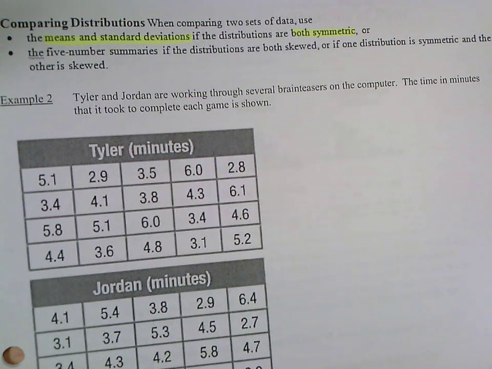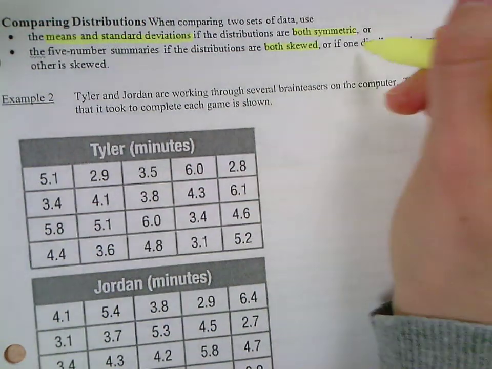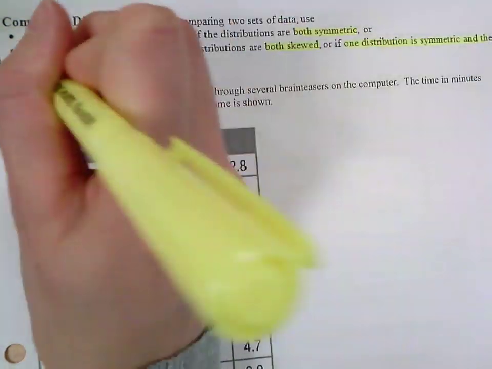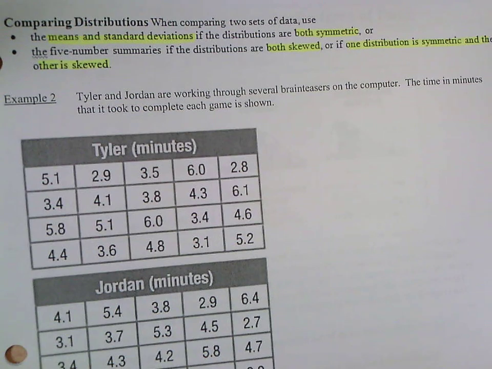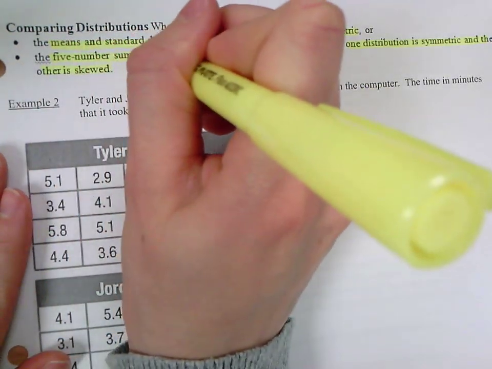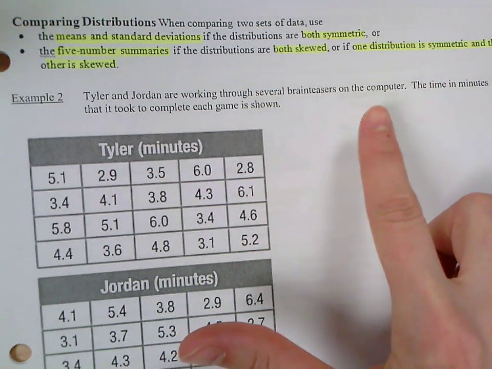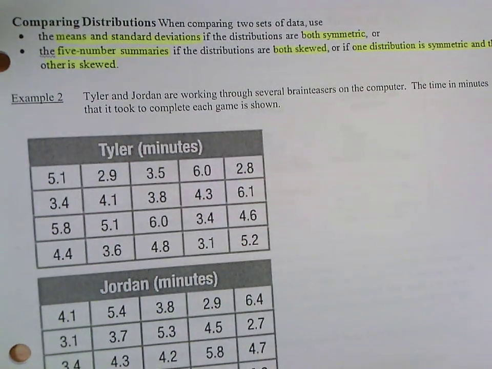If both distributions are skewed, or if one is symmetric and the other one is skewed, so if either of your 2 distributions is skewed, then you use the 5-number summaries, because you have to have the same statistics to compare. So you can't take the mean and standard deviation of the symmetric one and then the 5-number summary of the skewed one and compare those. It has to be the same data. So if either one is skewed, then you use the 5-number summaries for both.